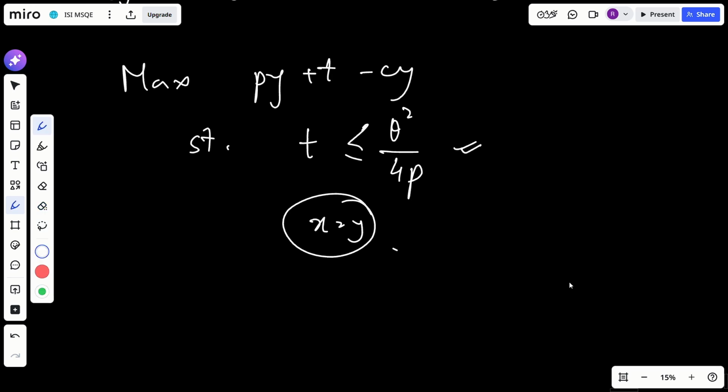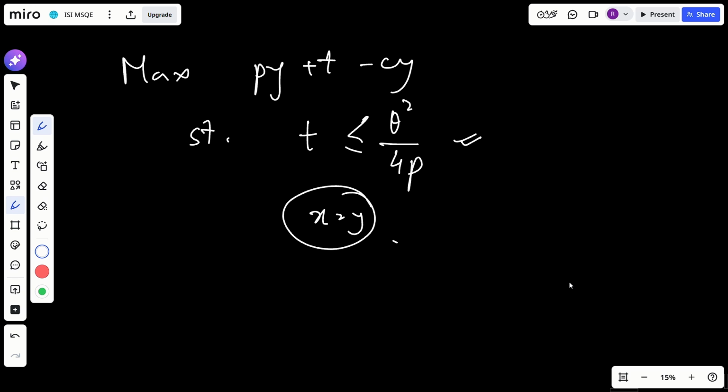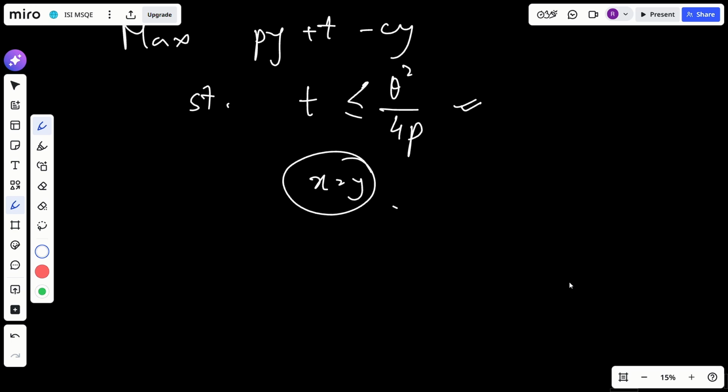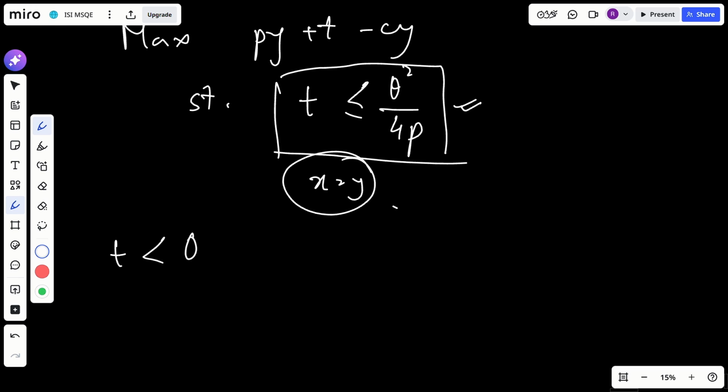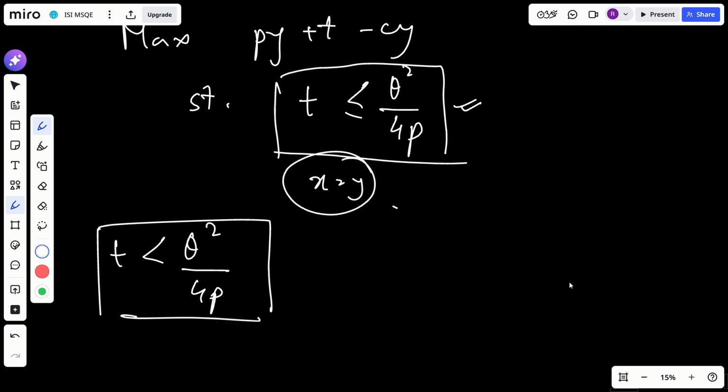Then another argument that we need to make is, in the profit maximization case, this t can never be strictly less than this. Why so? Because if t is strictly less than theta square by 4p, the consumer is still buying his y star.